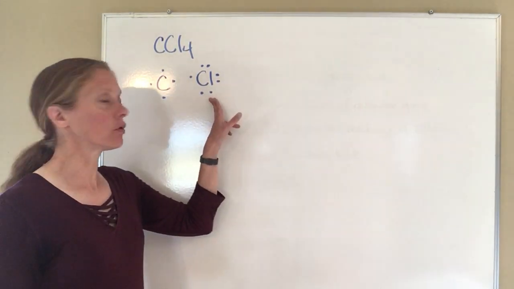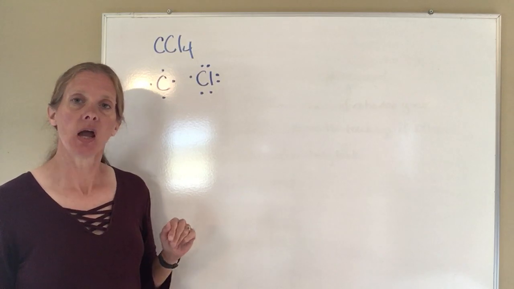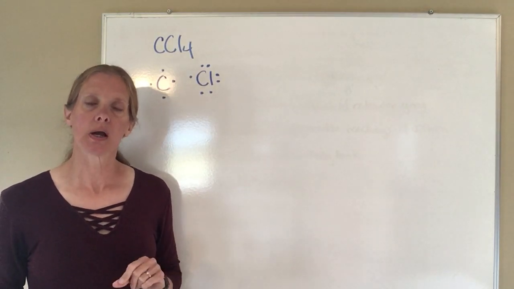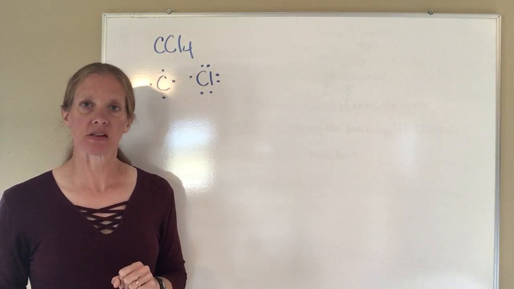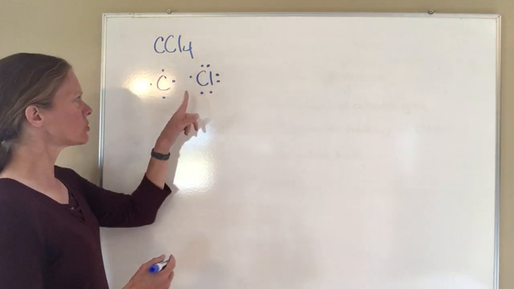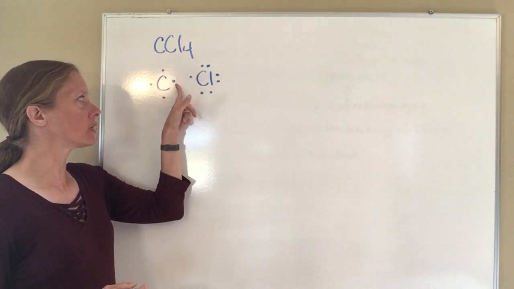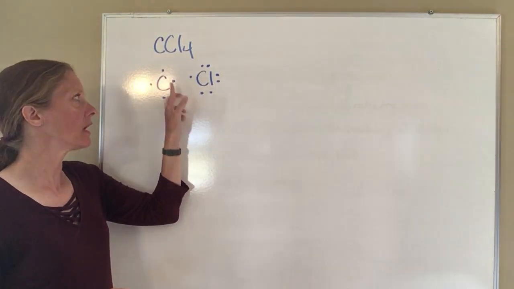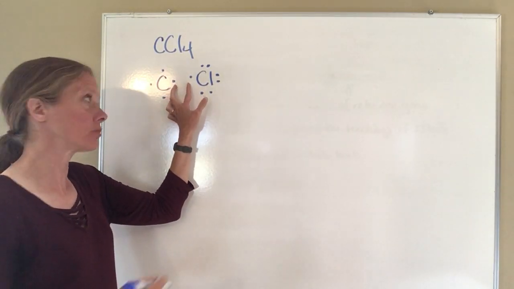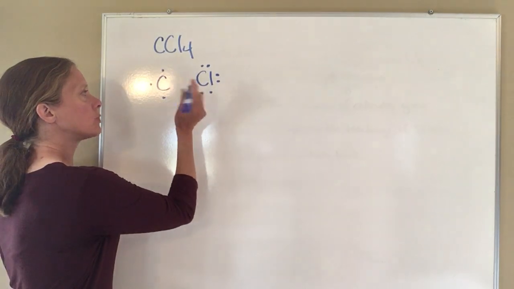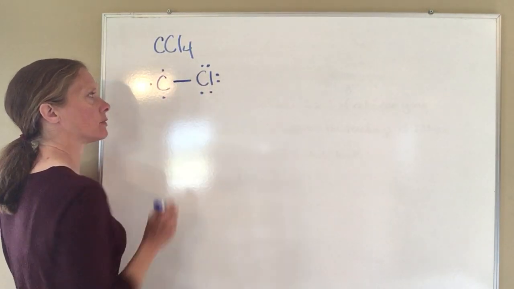So chlorine, since it has 7, only needs 1 more electron to get its valence shell full. So it's going to take its lone electron and the lone electron here with carbon, and they're going to share those 2 electrons.